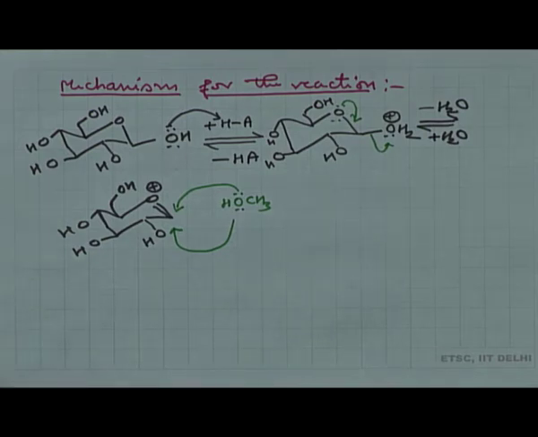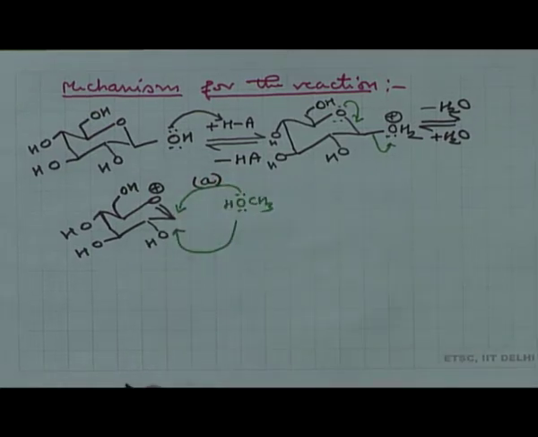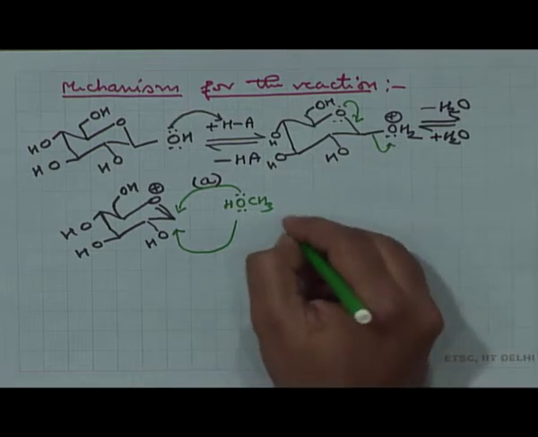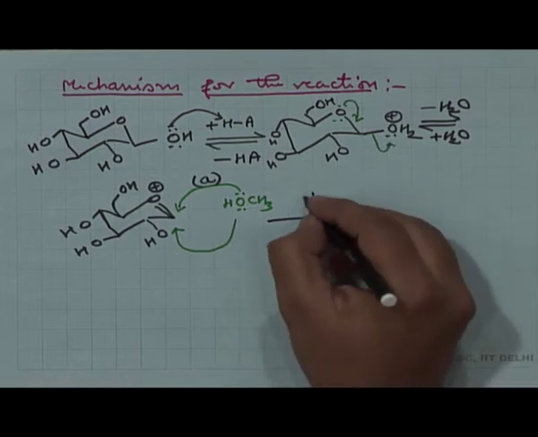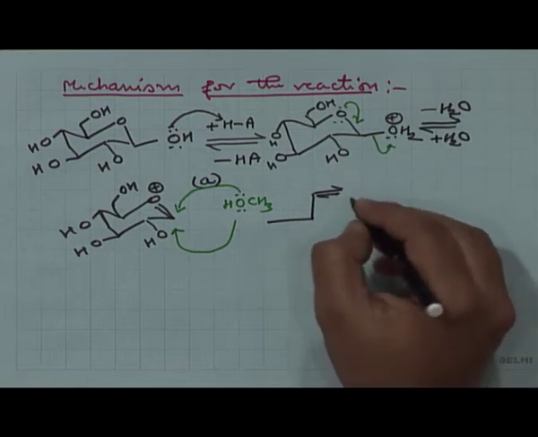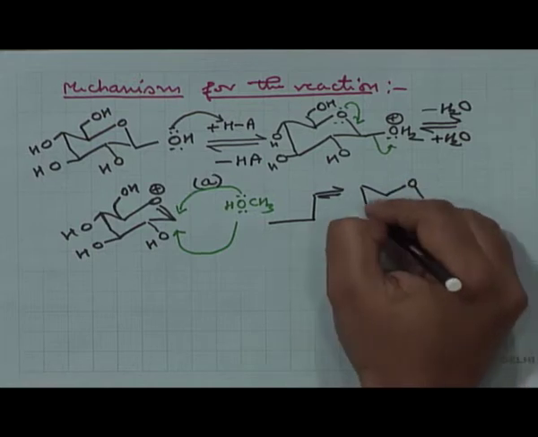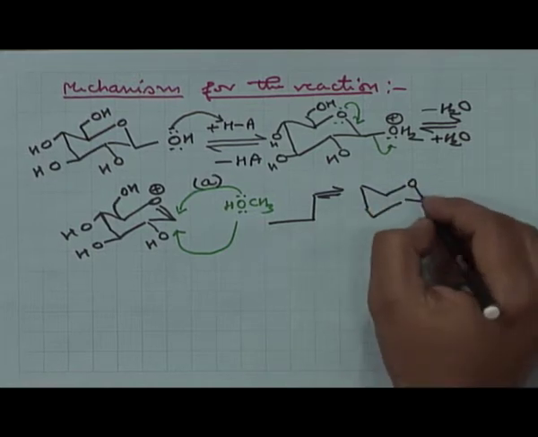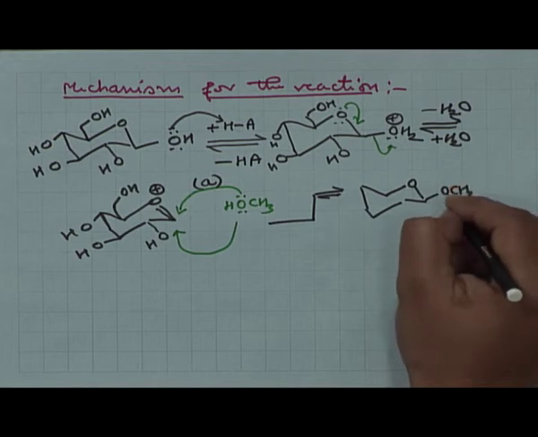If attack takes place from the top face, then it will give the corresponding beta D glucopyranoside. This reaction is reversible. Let me draw the structure of the molecule, and it will go to the equatorial position.